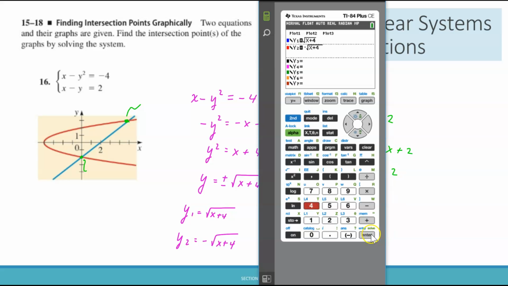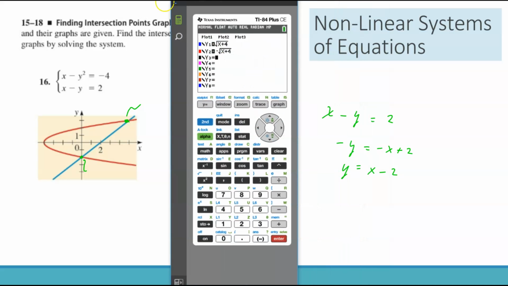Those are the two equations that we need just to graph our first equation in our system. Then to get the next one, we're going to graph x minus 2. Let's go ahead with the zoom standard, and we see we get the same picture as here.